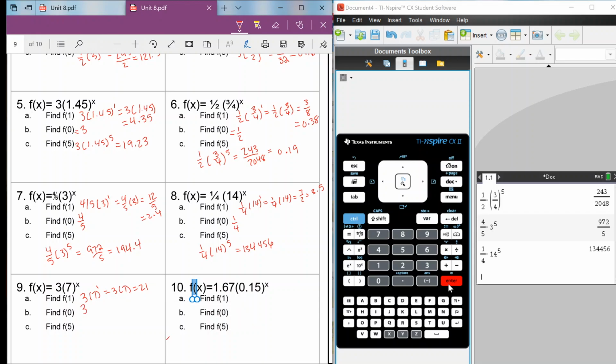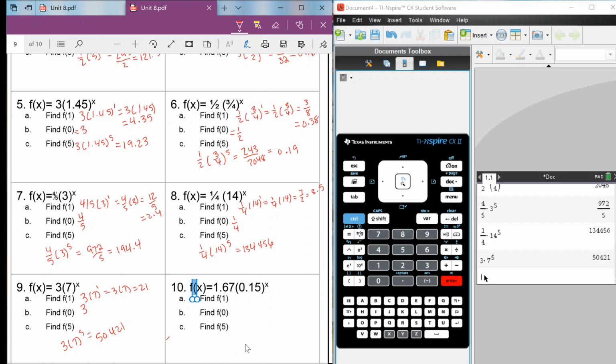And then lastly, let's plug in 5. So 3 times 7 to the 5th power. Let's see what we get. 3, parentheses, 7, caret key to the 5th power. We get 50,421. And then work on the last problem.